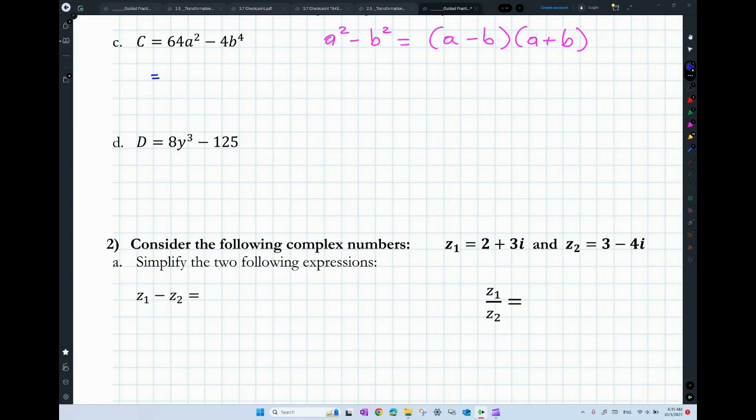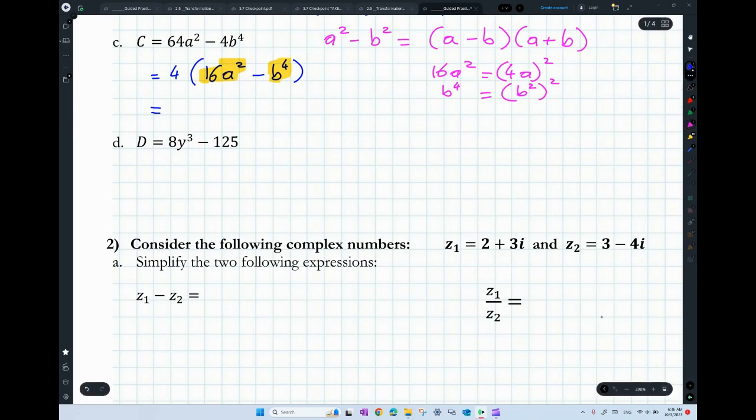Here, I can factor out 4 and have 16a squared minus b to the 4th. And then I still have the difference of two squares, right? 16a squared is 4a, the whole thing squared, and b to the 4th is the square of b squared.